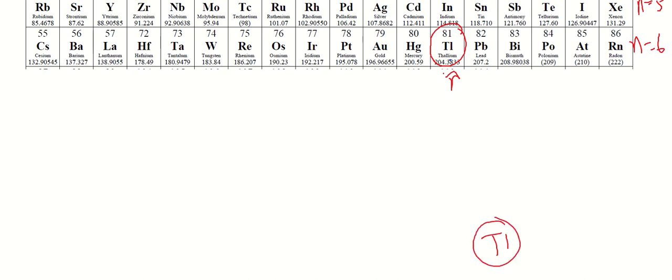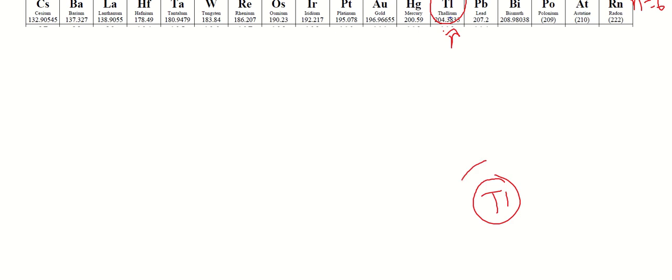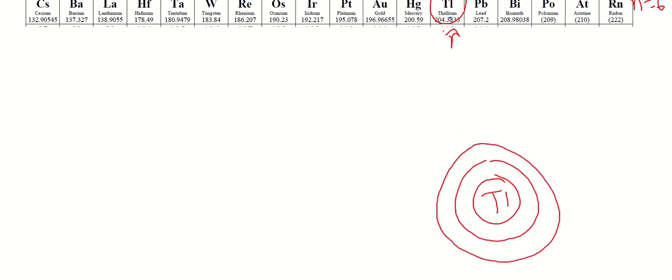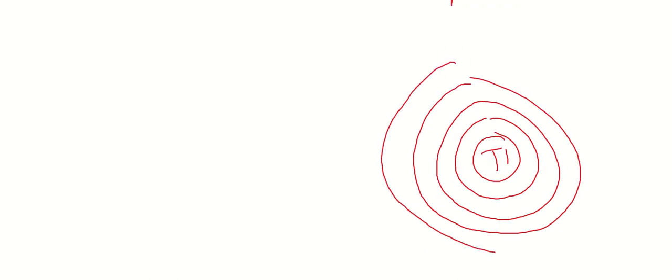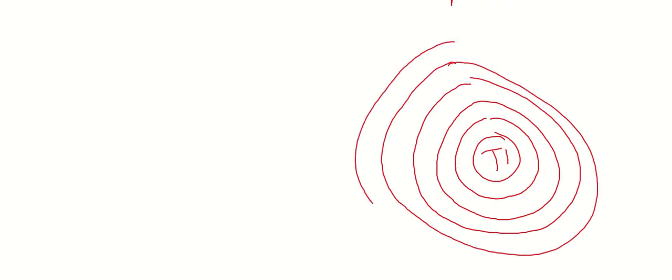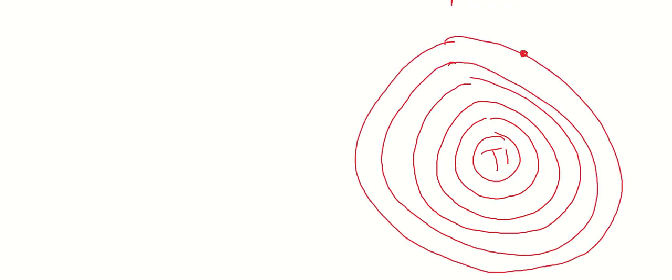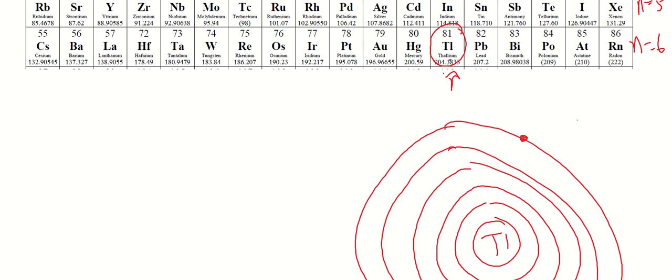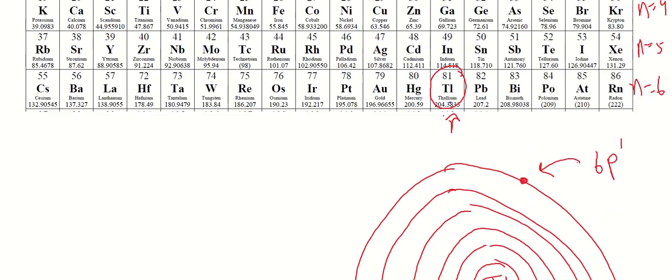Thallium is 1, 2, I've got to draw this out. Make it 1, 2, 3. Now this is definitely not drawn to scale. 4, 5, 6. All right, that baby right there in the 6p, that's the 6p1 electron, all by itself.